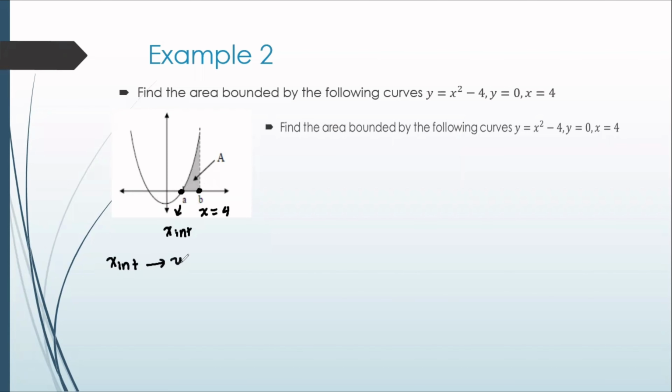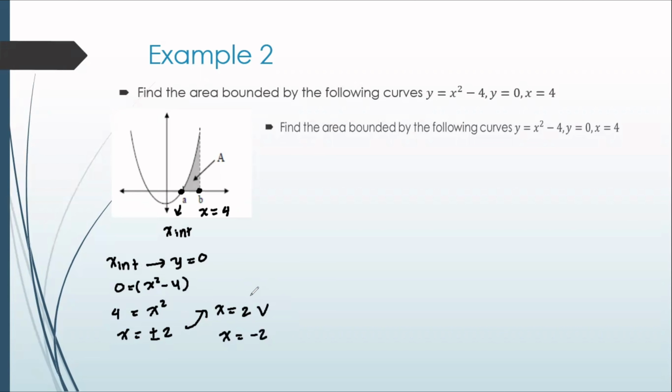X-intercept means when y equal to 0. 0 equal to x squared minus 4, or 4 is equal to x squared, then x is equal to plus or minus 2. Or we can say x equal to 2 or x equal to minus 2. So we're going to use x equal to 2 because it is on the positive side.